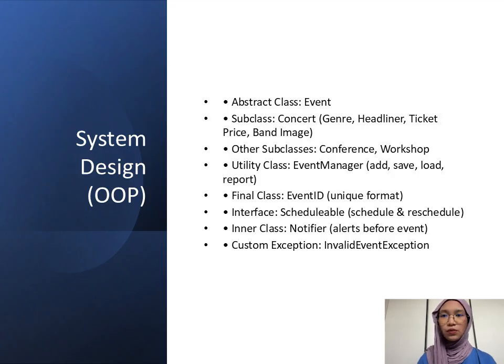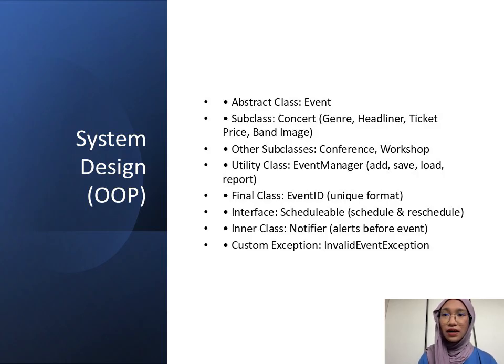To design the system, we apply object-oriented programming concepts. We start with an abstract class called Event, which defines the basic structure. Then we create subclasses such as Concert, which includes details like genre, headliner, ticket price, and even a band image. We also added other subclasses like Conference and Workshop to make the system more flexible.